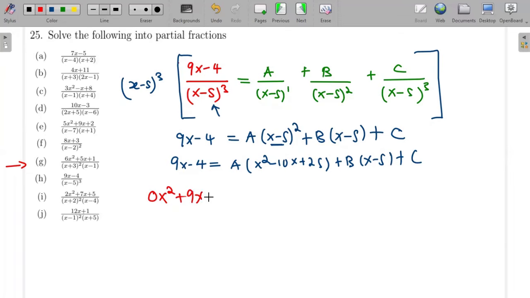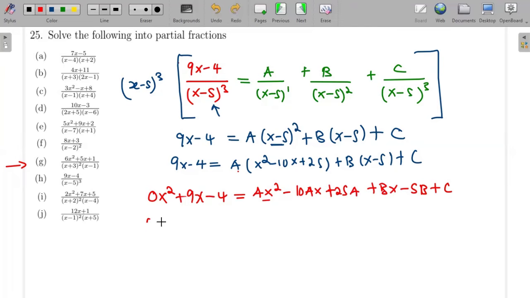So we can continue with our expansion. Here I'm going to have 0x^2 plus 9x - 4, and you'll see why I've added this later on, equals ax^2 - 10ax + 25a + bx - 5b + c. Now you can see that I have a term with x^2 and terms with x, so I'm going to group them.